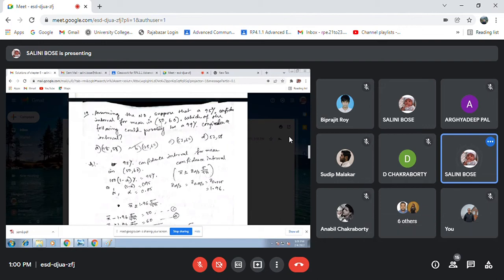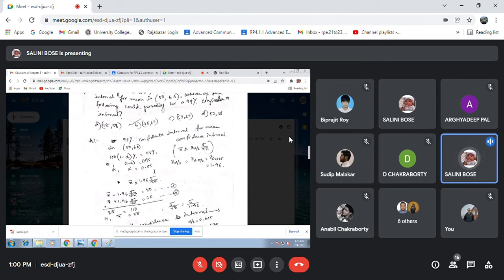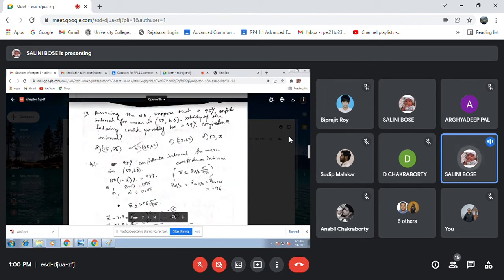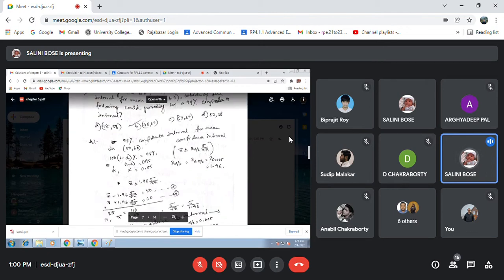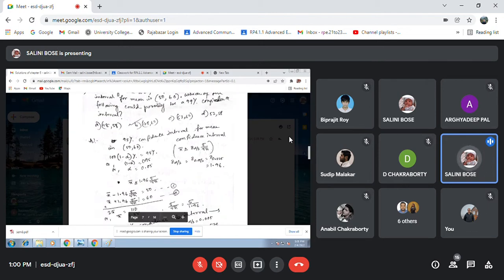So for that, just see, for 95%, the limits are 50 to 60. To find out the 99% confidence interval, since this is a normal distribution, we should know the value of X bar, the value of sigma, root n, all these unknown factors.